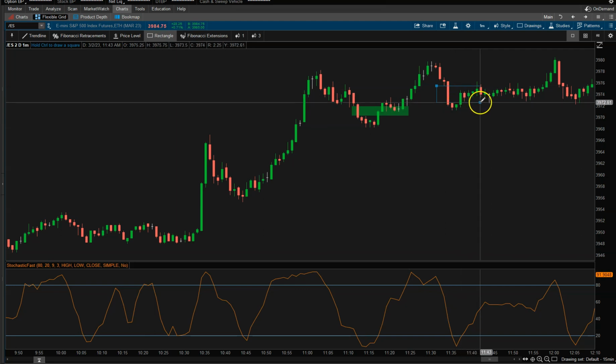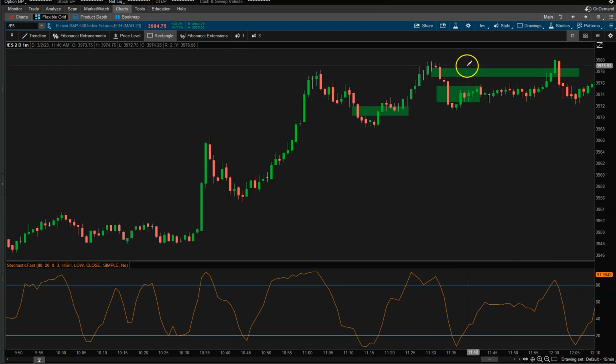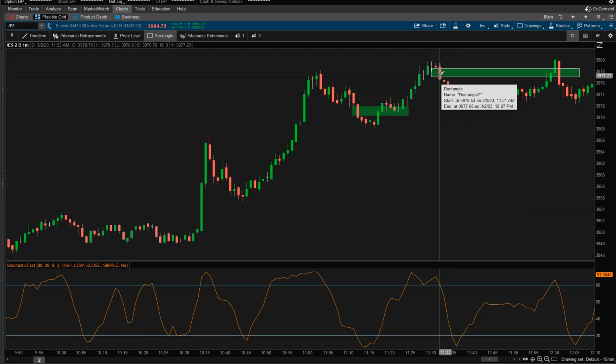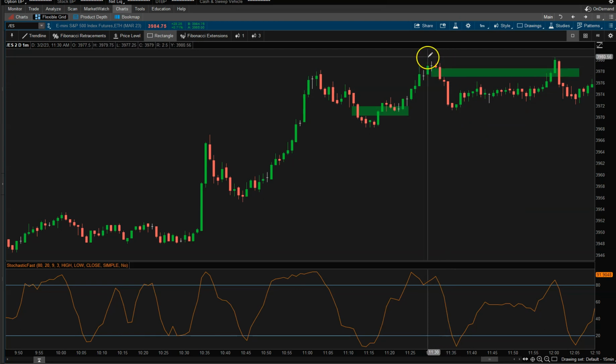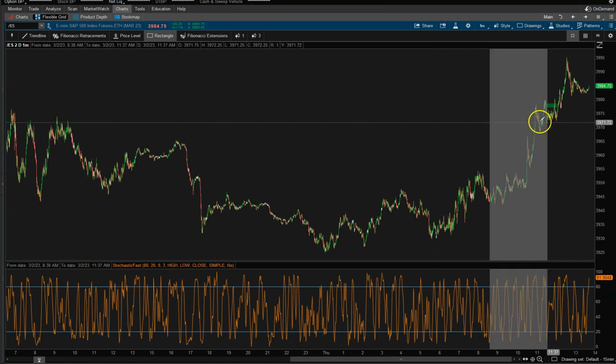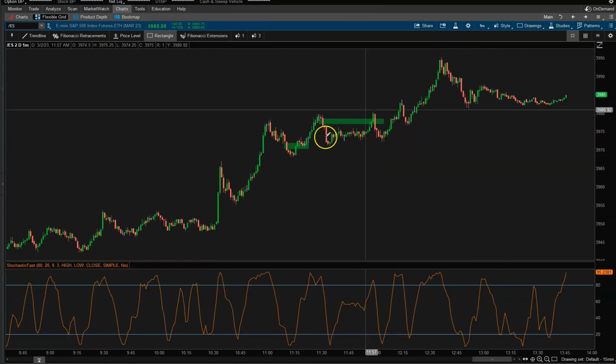Look at this even, right? Here's another fair value gap, 1, 2, 3. Okay, or I would probably call this one, I'd say this is more of the fair value gap, but again, the market was very strong, right? Your stop would have gone above here. So you also have to take into context the market.